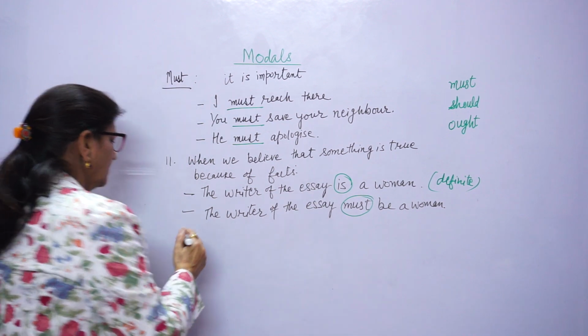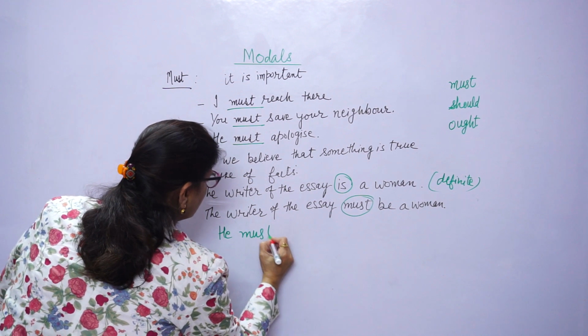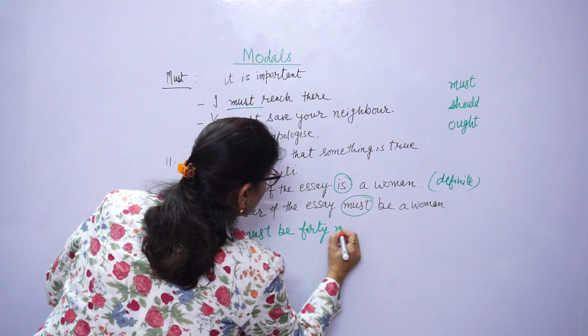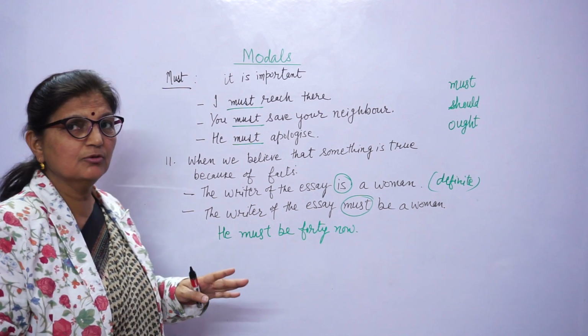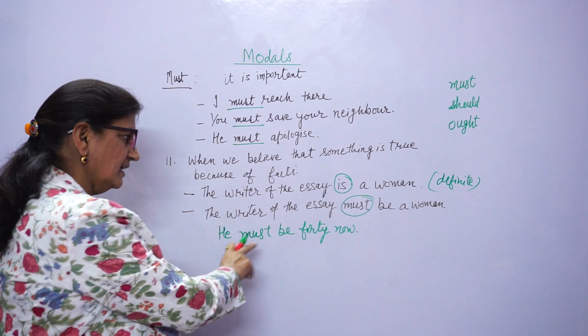One more example. He must be 40 now. If you say he is 40 now, you are definite. You know that his age is 40.